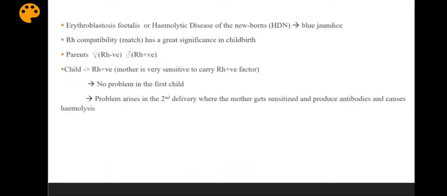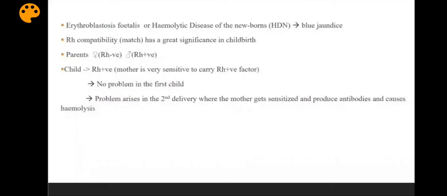Erythroblastosis fetalis, or hemolytic disease of the newborn, results in blue jaundice and anemia. Actually, RH compatibility is very important in childbirth. With an RH negative mother and RH positive child, there is no problem in the first pregnancy.